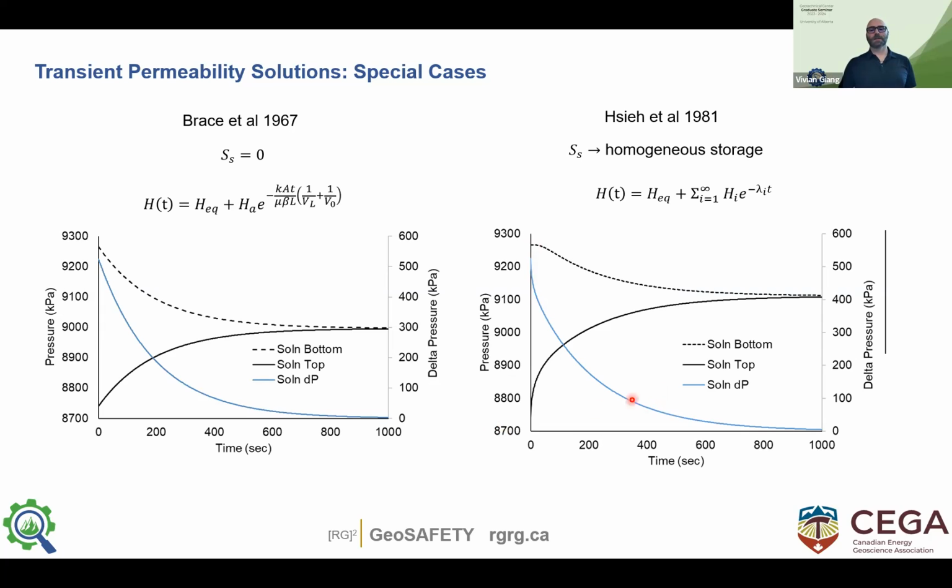So you apply this pressure transient, and there's a delay until the response gets to the other side. That is the storage component, and then you come to equilibrium. So you can see two completely different signatures for the exact same specimen, exact same test, exact same input parameters into the solution.